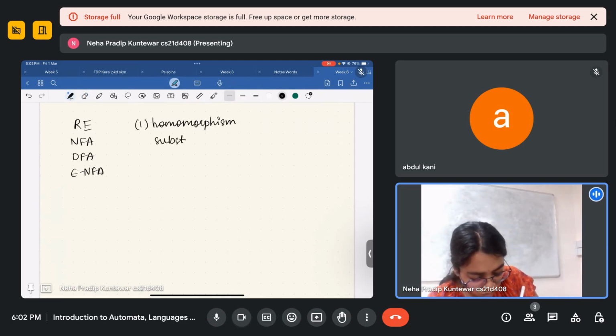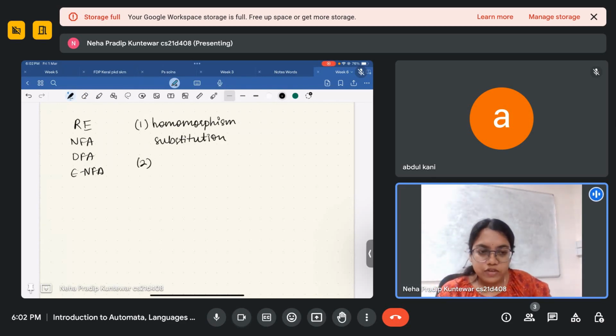So far we saw how to show that a language is regular. If you want to show that, we either designed a DFA accepting that language, or an NFA or an epsilon NFA or a regular expression.